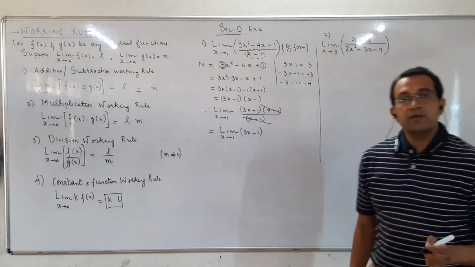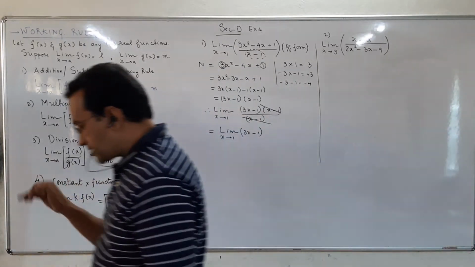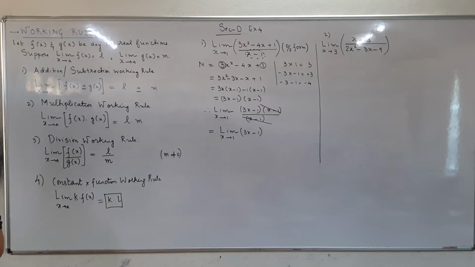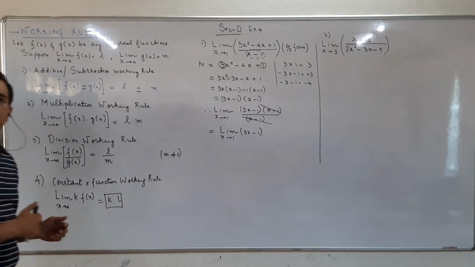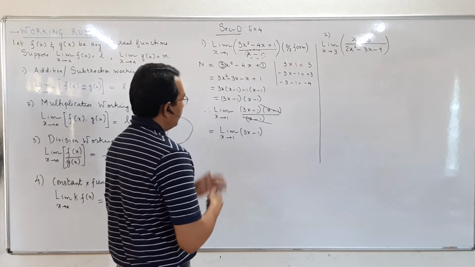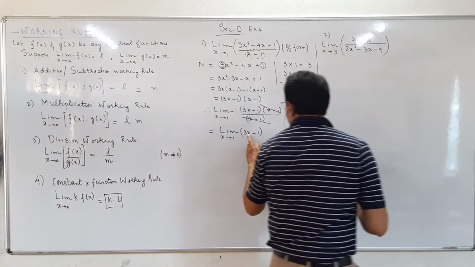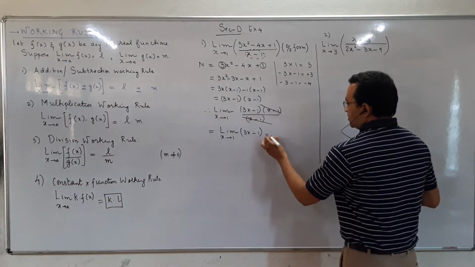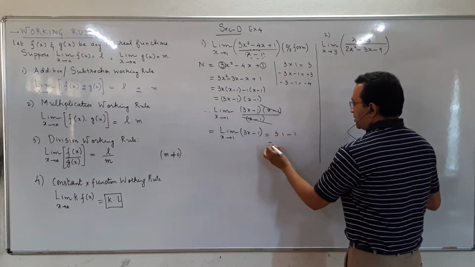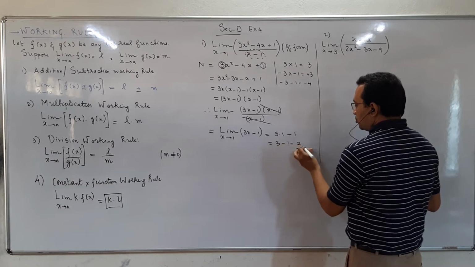Now in the tabular method I was reiterating x tends to 1 is never equal to 1. But now we always go for shortcuts. So while finding limit, we take x is equal to 1. So if I take here x is equal to 1, this will be 3 into 1 minus 1, so 3 minus 1, 2.